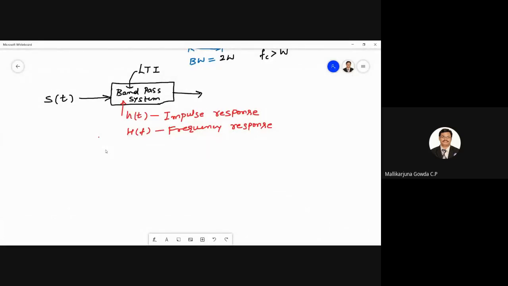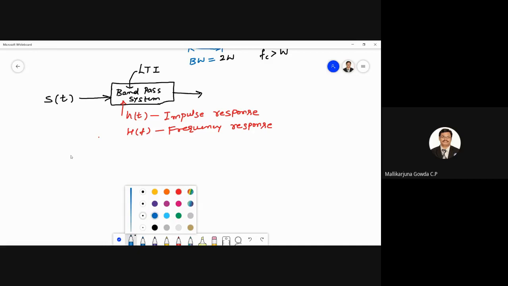To understand that, I am applying this bandpass signal to the LTI system, which is a bandpass system having impulse response h of t and frequency response h of f. I am also making another assumption.